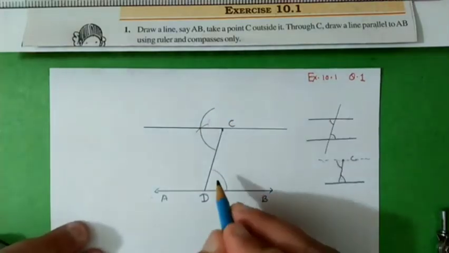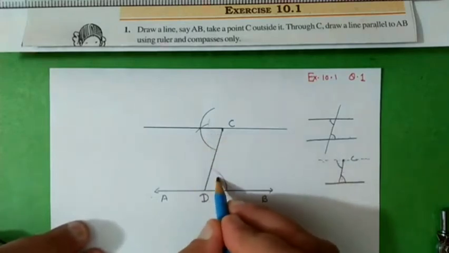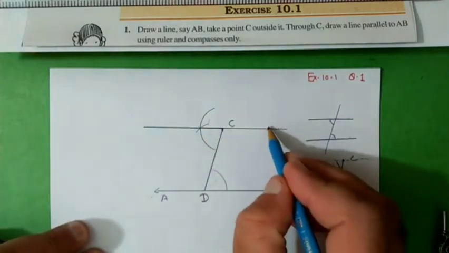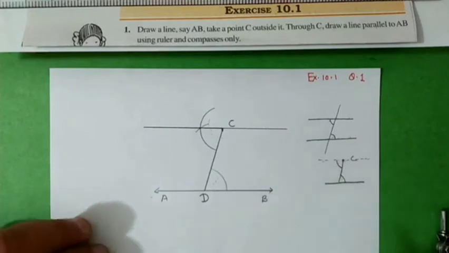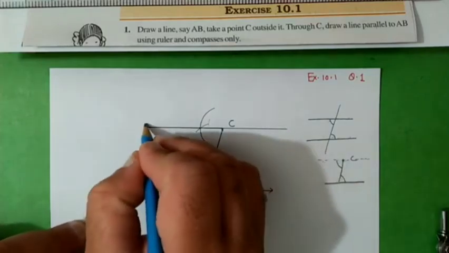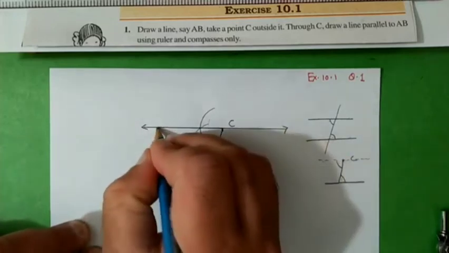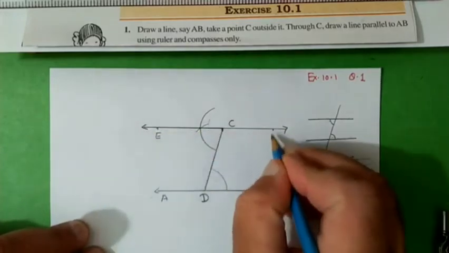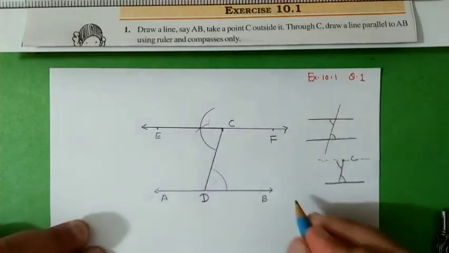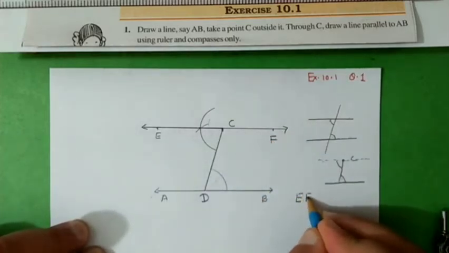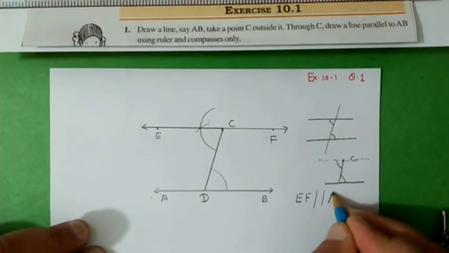Okay, so now these alternate angles have the same measurement, and you can see these are parallel lines. So now I will mark this line using arrows and I will put the names E and F. So EF is parallel to AB.